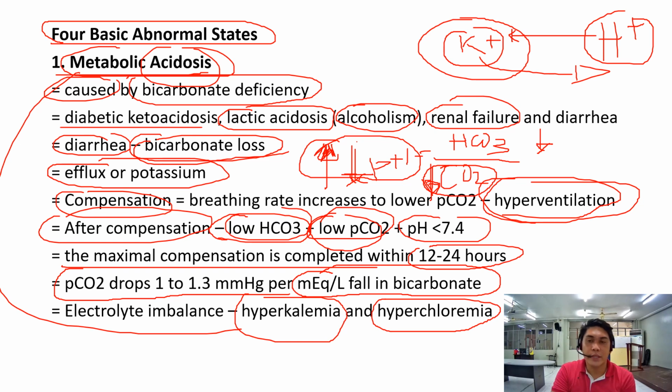So we need to maintain the balance of negative and positive charges. If there's a decrease in bicarbonate, your body will try to reabsorb more chloride, because ni gamay man imong bicarbonate. So that is for metabolic acidosis.